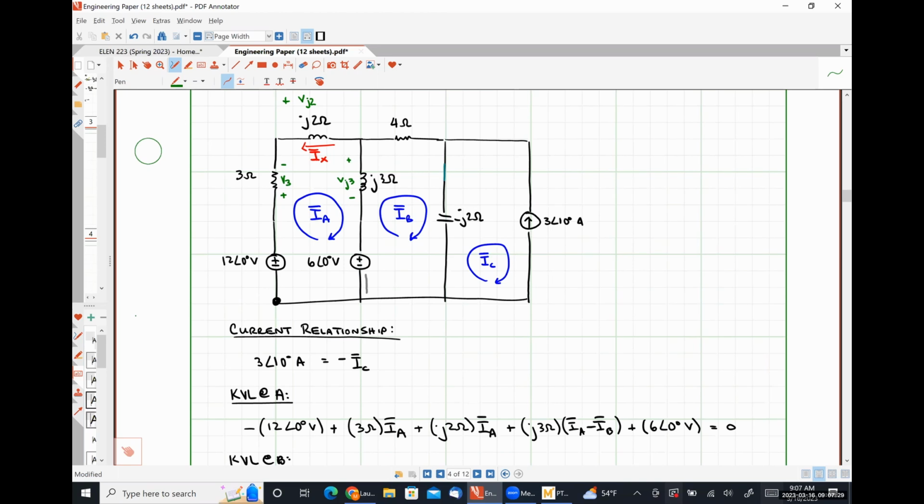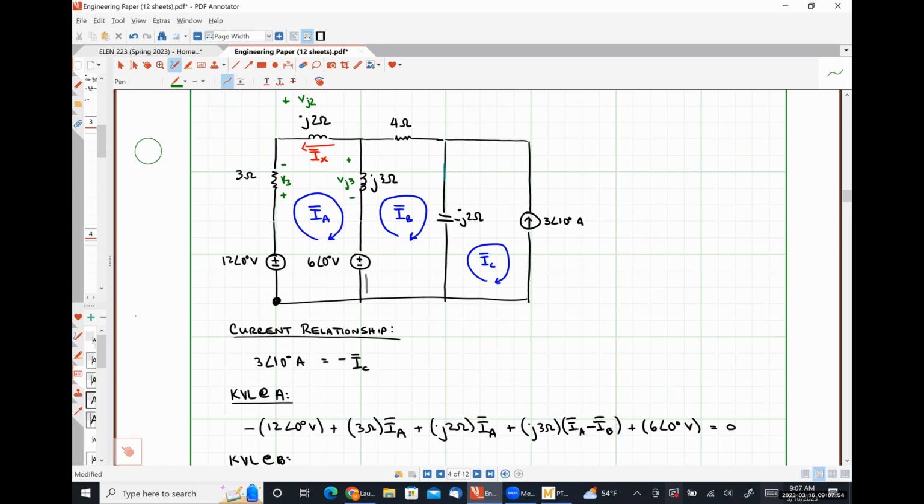We didn't explicitly state anything here, but we were assuming that our mesh current IA is flowing into the positive polarity terminal so that everywhere we have an IA, we have a positive sign, and everywhere we have a current flowing in the opposite direction to IA, we have a negative sign. A consequence of that is that when we see the negative polarity terminal first, we need to add a negative sign.